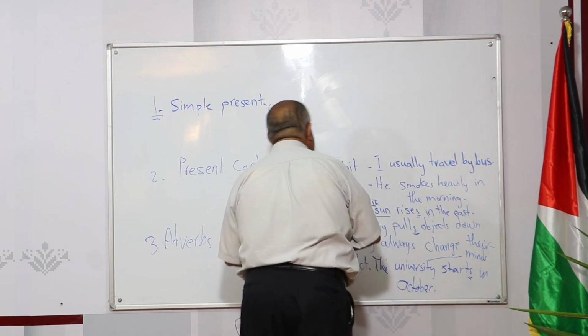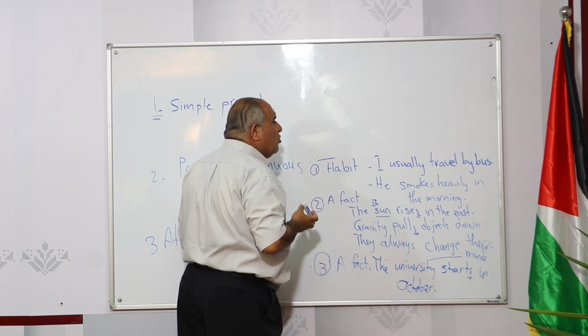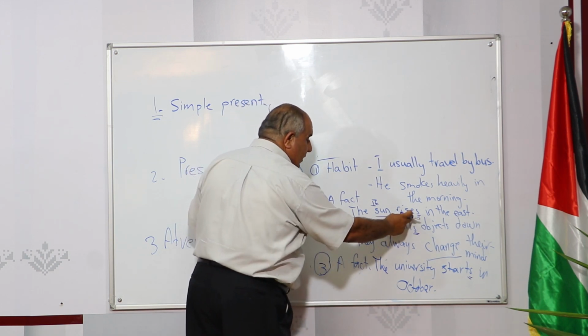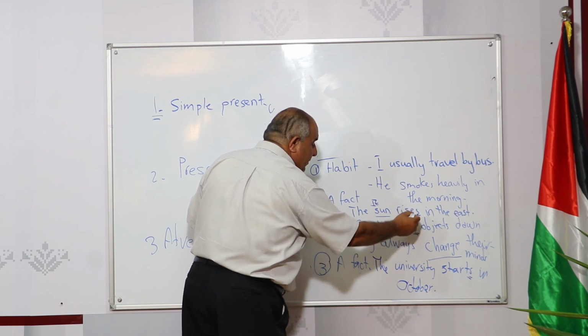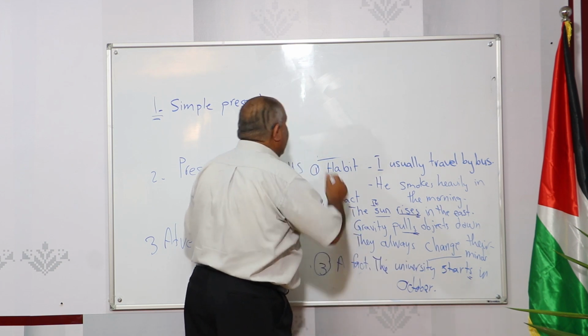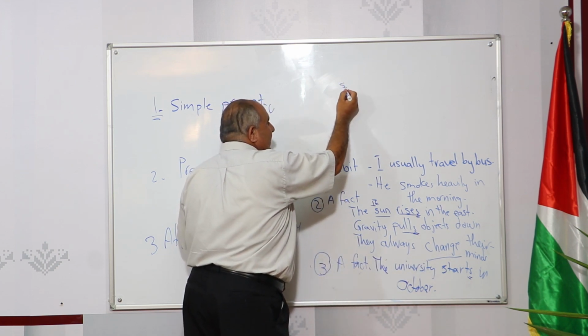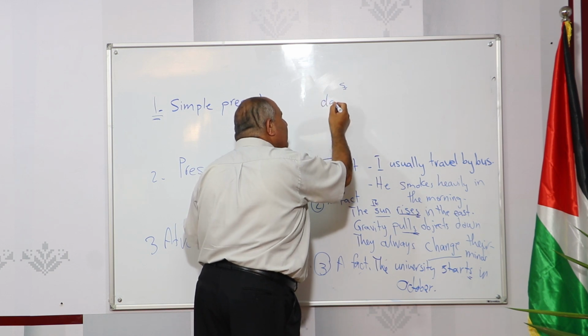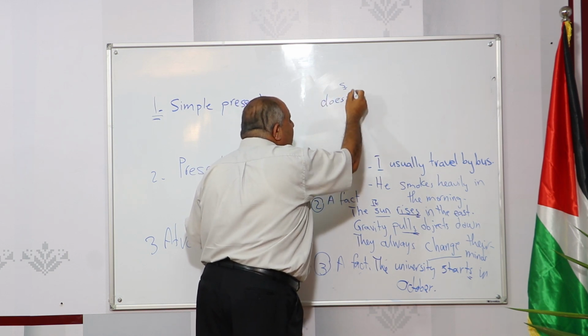Now, if you want to negate the present simple tense, to make it negative, you see that these full verbs or main verbs like rises, falls, starts, now have an s at the end. Therefore, we remove it and we take from it does and we put not to does.